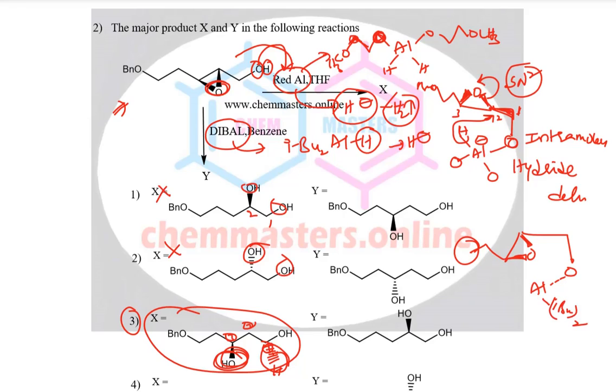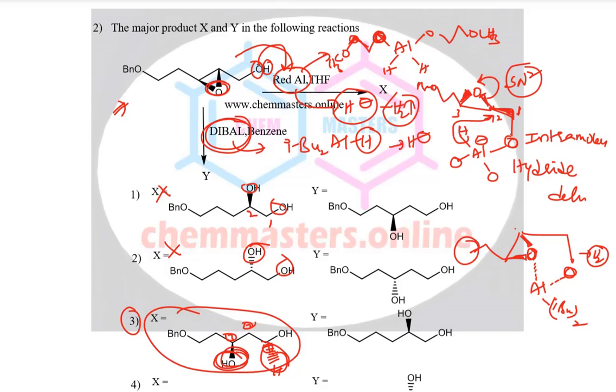Okay, and so the aluminum interacts with this epoxy oxygen. What is the difference you can observe here between red aluminum and DIBAL? In DIBAL only one hydrogen is there, that's why one hydrogen should be eliminated as H2. So the DIBAL aluminum is interacting with both the oxygens of the reactant.